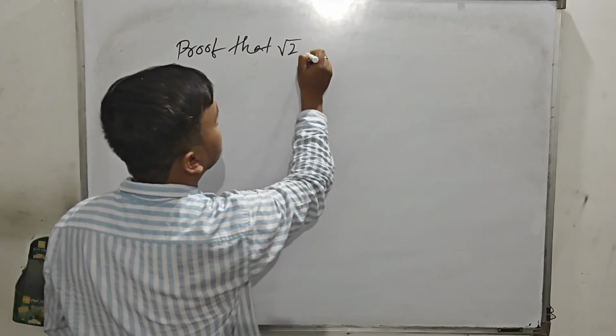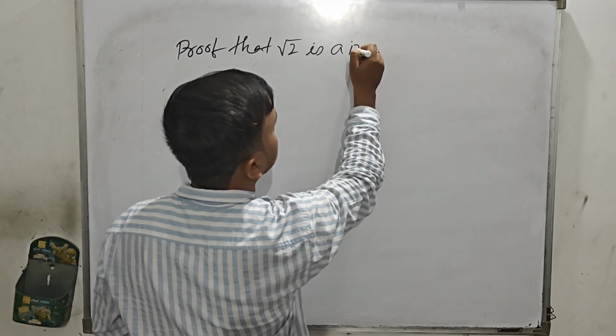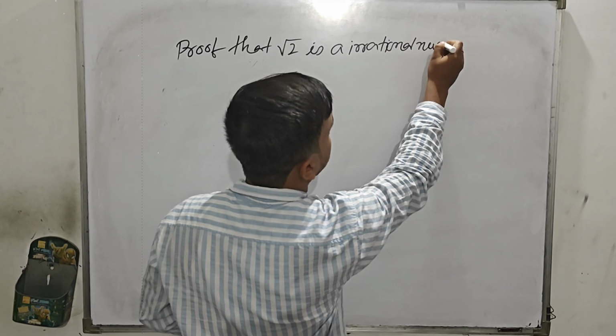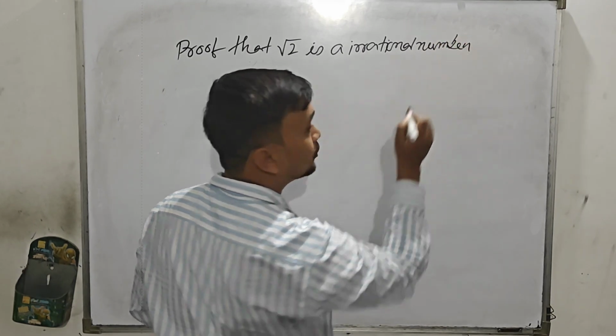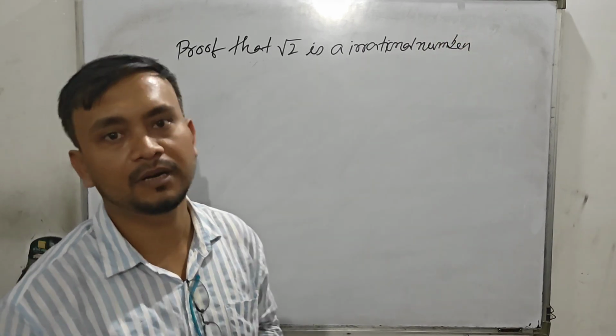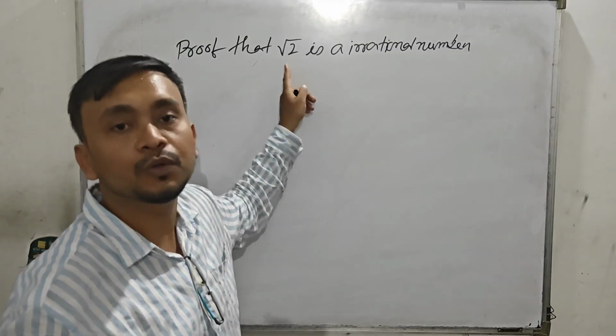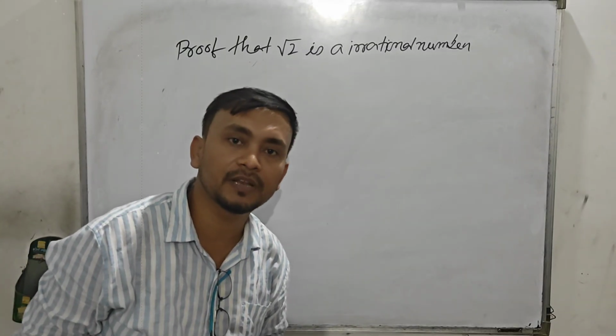Prove that root 2 is an irrational number. We need to prove that root 2 is an irrational number. So already we know that 2 is a non-perfect square number.